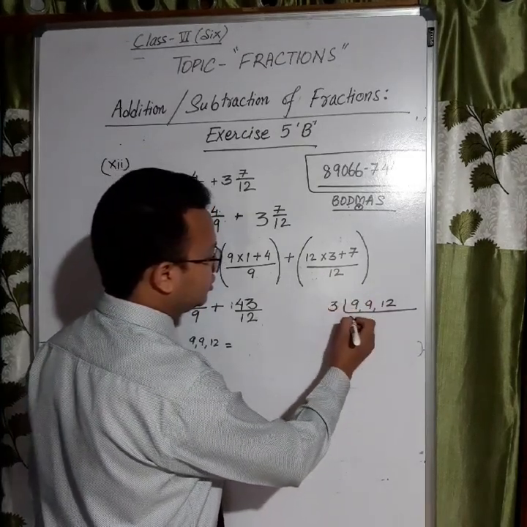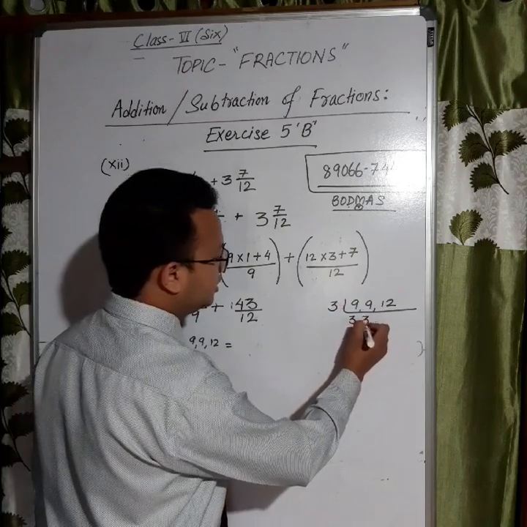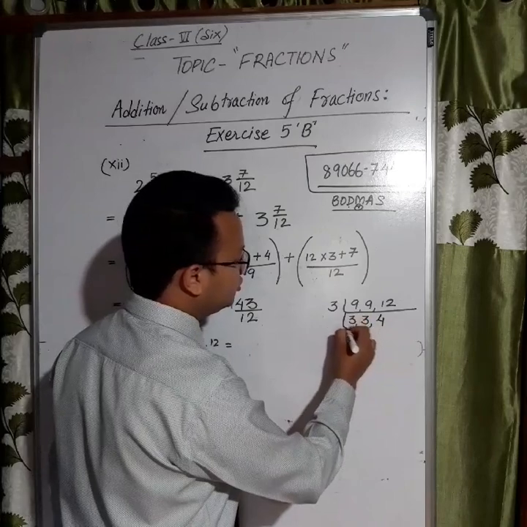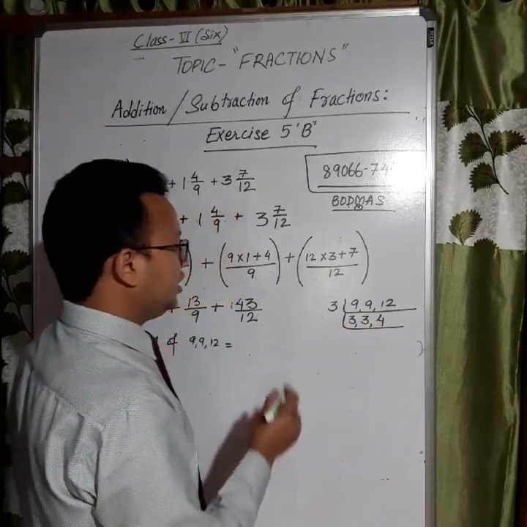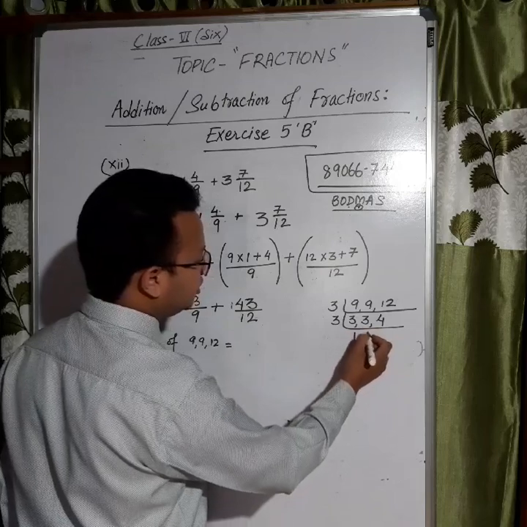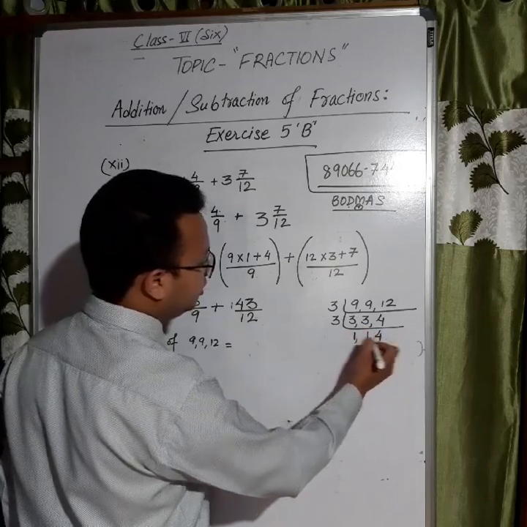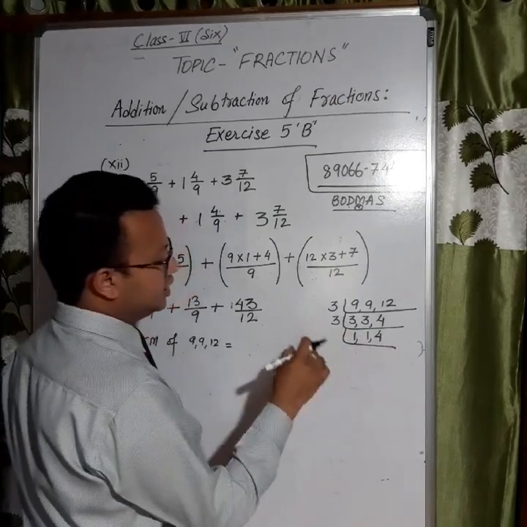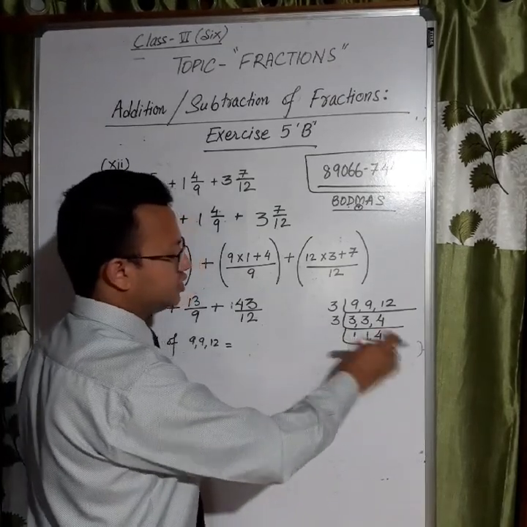So 3 3s are 9, 3 3s are 9 and 3 4s are 12. And again 3 can divide this 3 as well. 3 1s are 3, and we are left with 4. Some of the students will just write 4 and 1, 4 1s are 4.